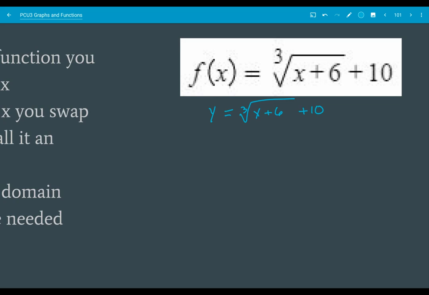Now we're going to solve for x. We need to isolate x. Okay, we're going to put x in quarantine. So we're going to subtract 10 from both sides. And then we're going to cube it.